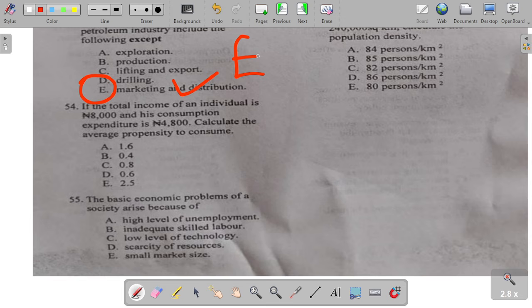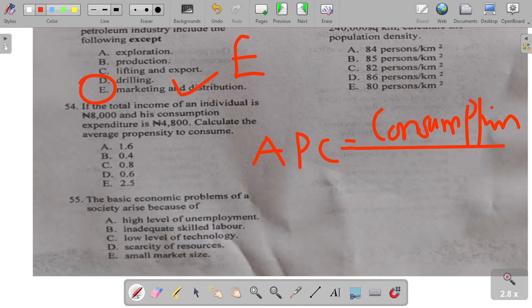Then number 54. If the total income of an individual is 8,000 and his expenditure is 4,800, calculate the average propensity to consume, APC, which will give us consumption over income. The formula is consumption over income.